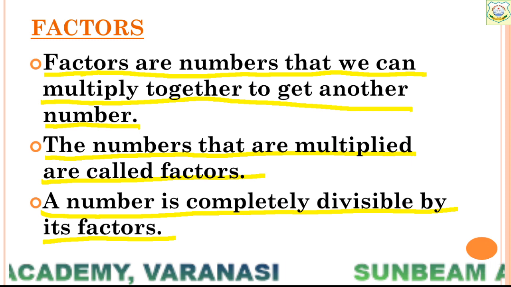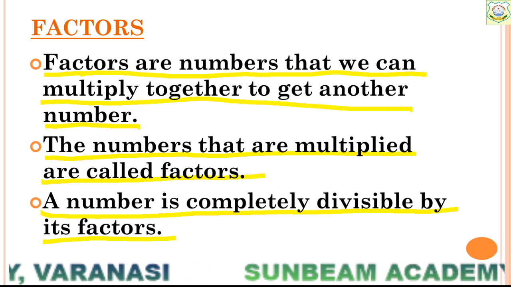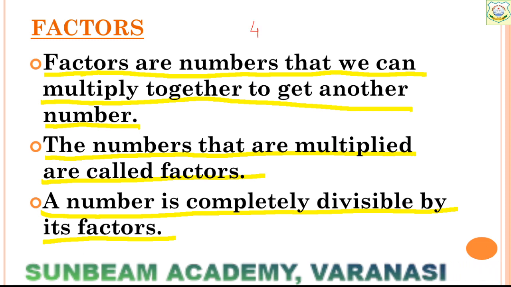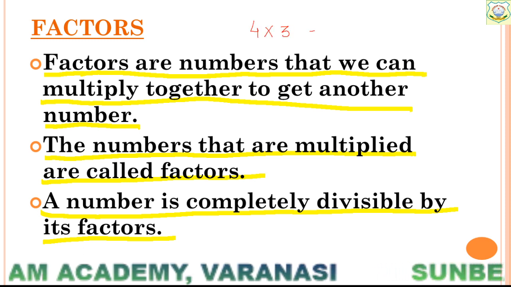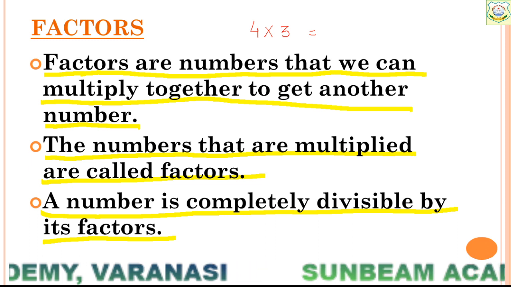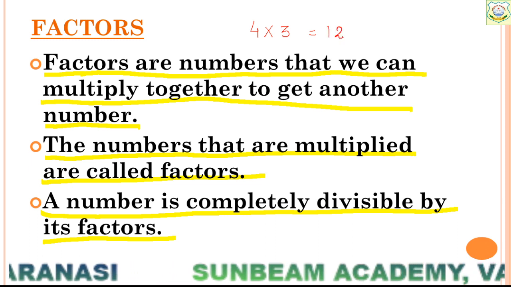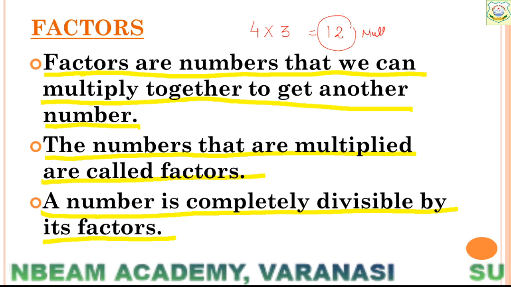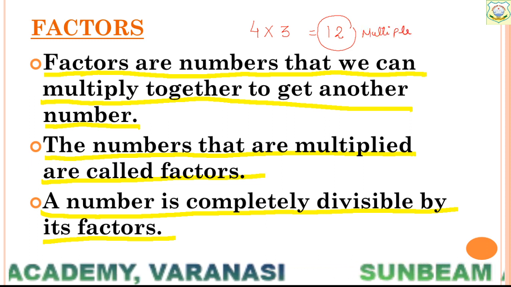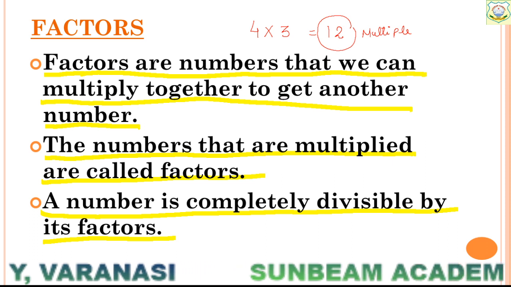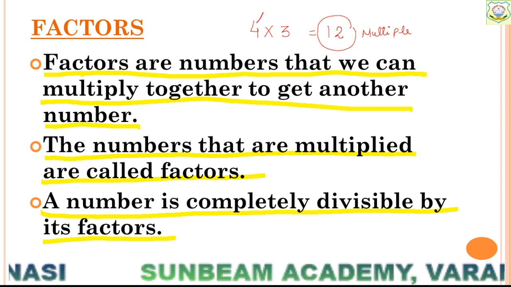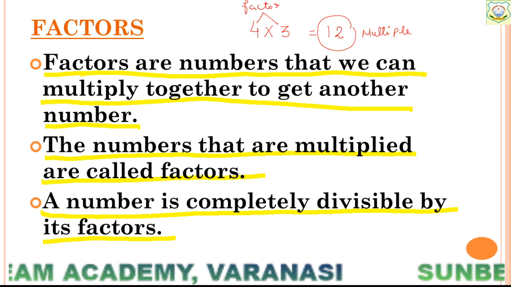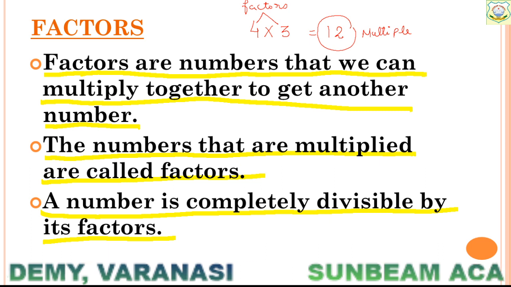Factors are the numbers that we can multiply together to get another number. For example, if we multiply 4 and 3, 4 threes are 12. This is what I told you, a multiple, or we call it a product also. And here 4 and 3 are factors of 12.